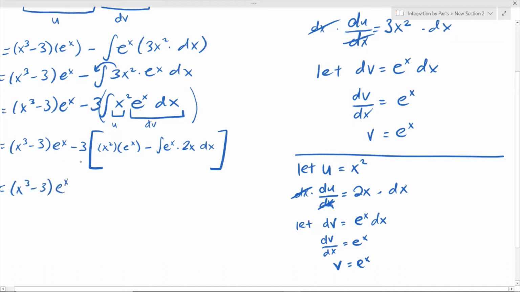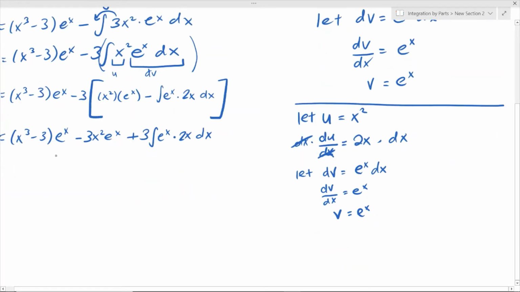So I'm copying this, then -3. I'm going to distribute this -3 to each one, so -3 x squared e^x. Now I distribute to the next one, so it's going to be +3 because negative and negative make a positive. So +3 times the integral of e^x times 2x dx, like that.